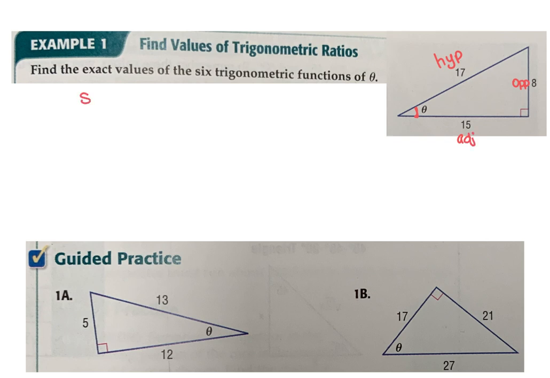So if I want sine of theta, I'm going to say opposite over hypotenuse. Cosine of theta, I'm going to say adjacent over hypotenuse. And tangent of theta, I'm going to say opposite over adjacent. The other ones should be pretty easy. I'm just going to take that and flip it.